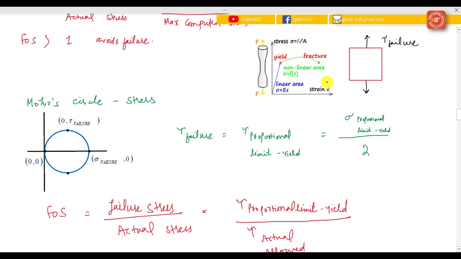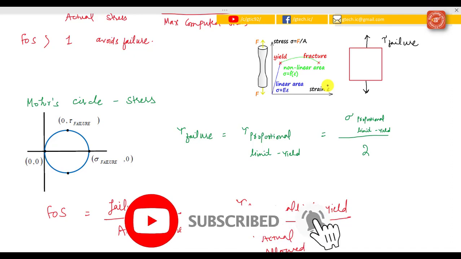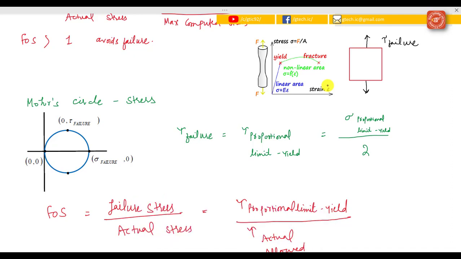And we are going to assume that even in complex loading conditions, when we have non-uniform bending and we see that we have flexure and shear, the material has the same capability as we found in the simple tension test.